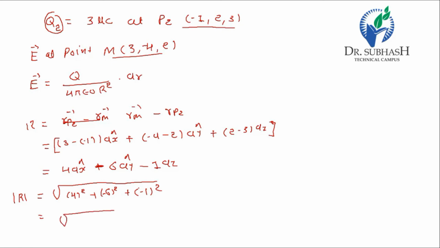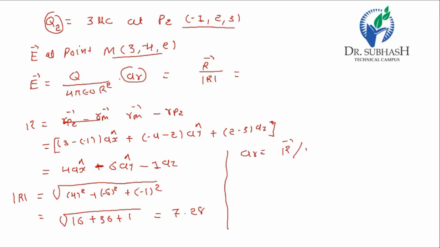So we get under root 16 plus 36 plus 1, which is equal to 7.28, and the value of the unit vector AR is the R vector upon magnitude of R. So 4AX minus 6AY minus 1AZ upon the magnitude of R, which is 7.28.